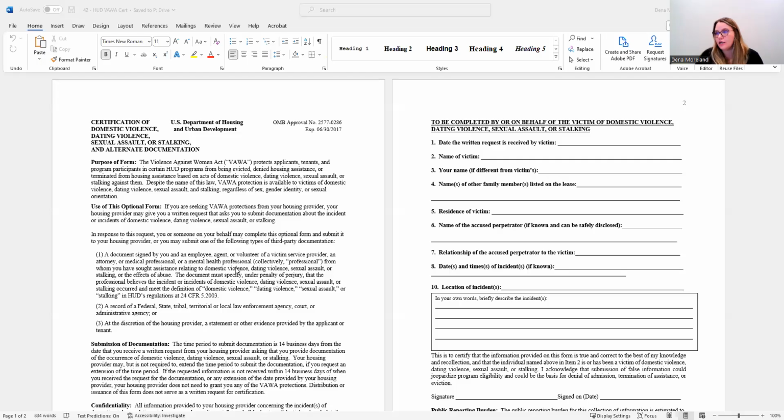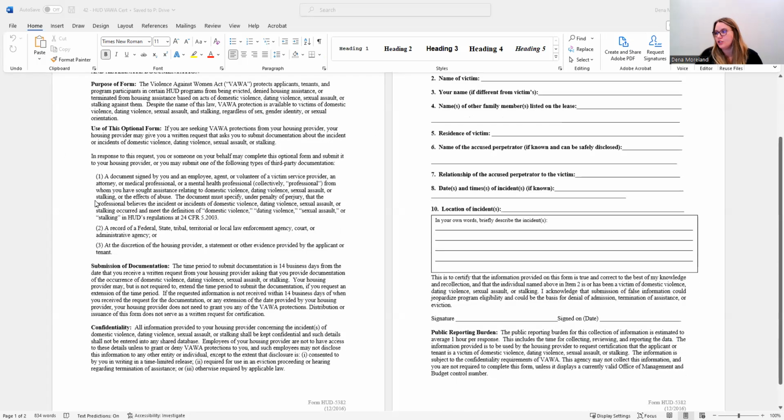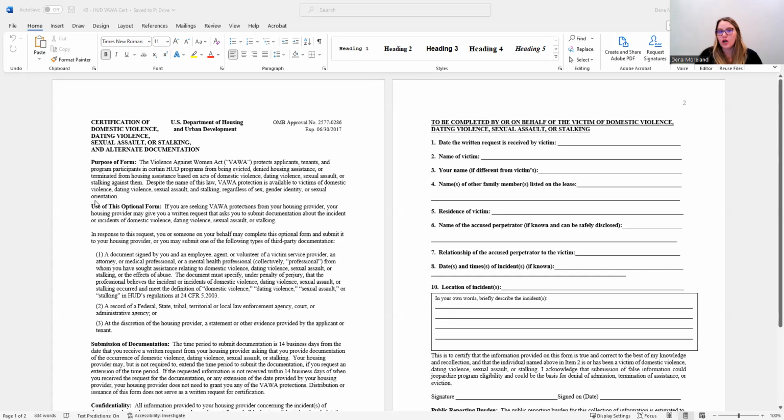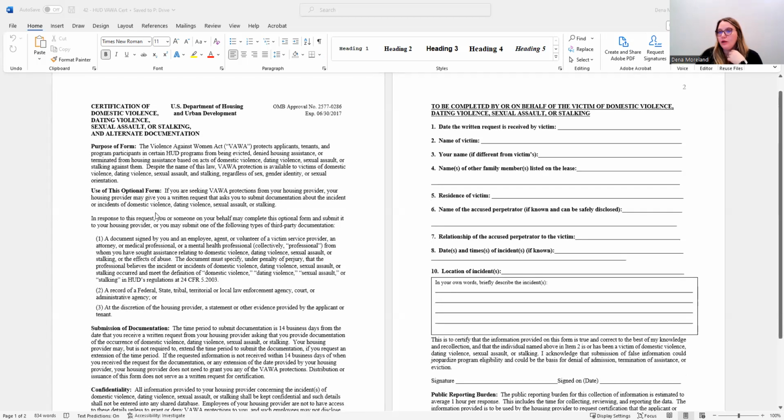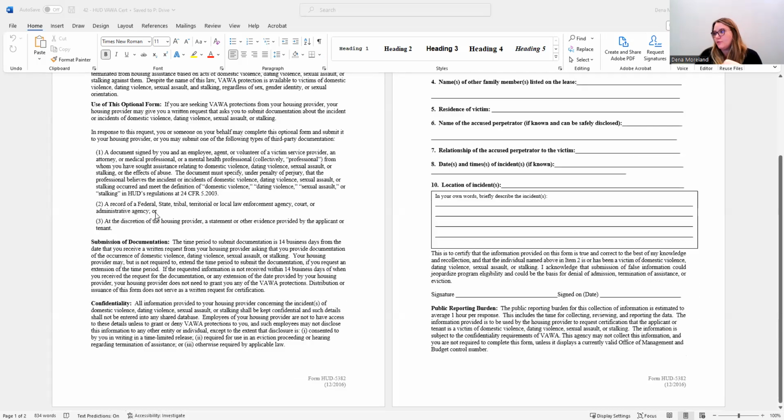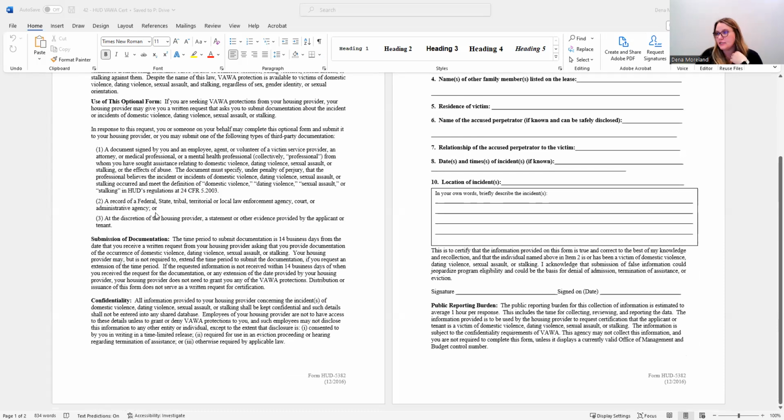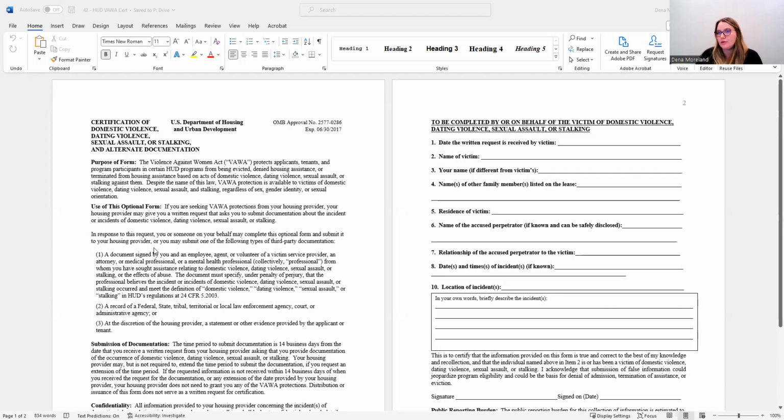You're going to gather up any data with it, and you're going to send it over to your regional for them to approve whether or not we are able to not count a bad debt against an applicant, or if we are going to be able to let an applicant out of their lease requirements.